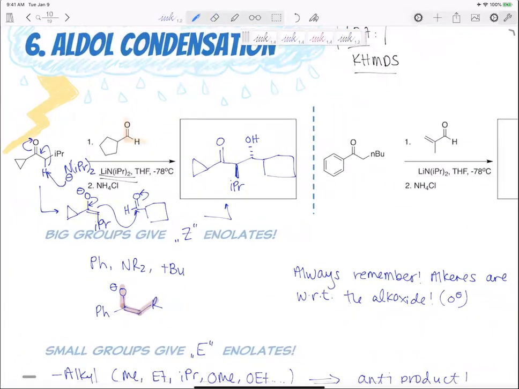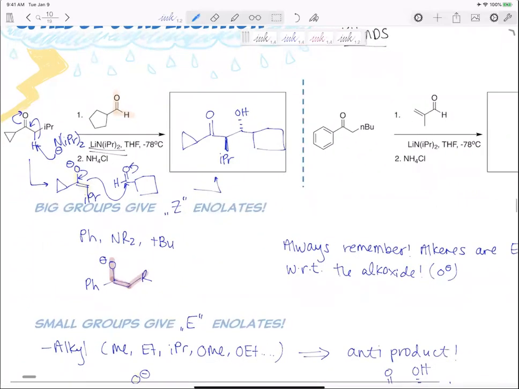And always remember, it's the R group that's to the left of the carbonyl, the one that does not really have an alpha proton sometimes. If it's a phenyl, then it's really easy to identify. But most of the time, don't forget, because it's a kinetic base, it's going to go to the least substituted site. That's why it's always going to attack there. Technically, if you drew the enantiomer of it, it's fine. As long as you show an anti-relationship, you're okay.